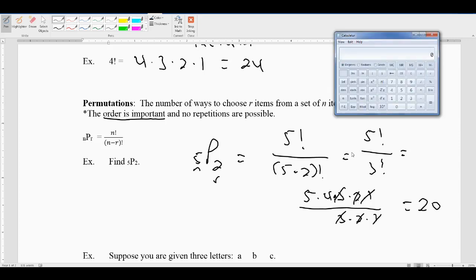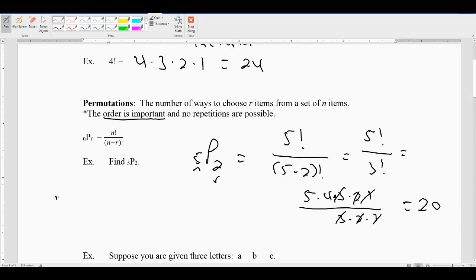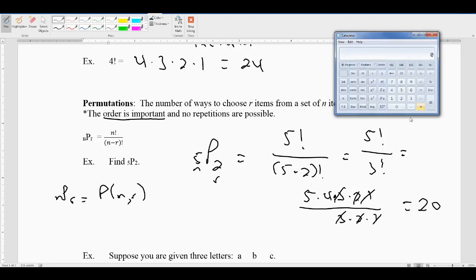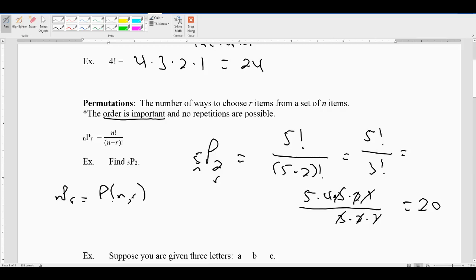Now most scientific calculators have a key like this. It may look like nPr, or it could be something like this. It's the same thing. This calculator doesn't happen to have one, but I can still do 5 factorial divided by 3 factorial pretty quickly. Hit equals. Most calculators have one of these two keys.